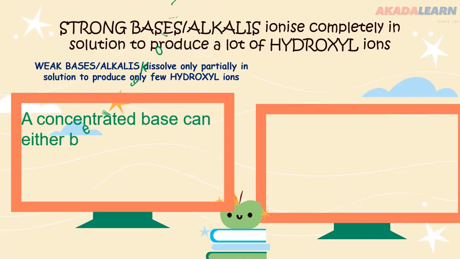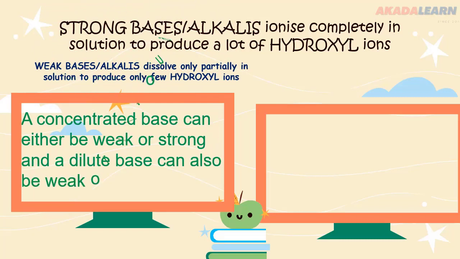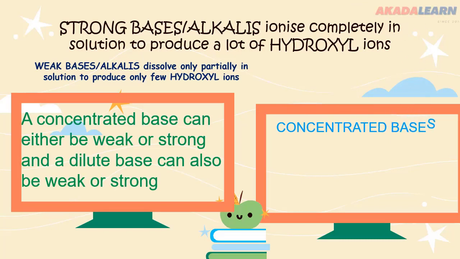Now, a concentrated base can either be weak or strong, and a dilute base can also be weak or strong. So you can have a weak base that is dilute. You can also have a strong base that is equally dilute.